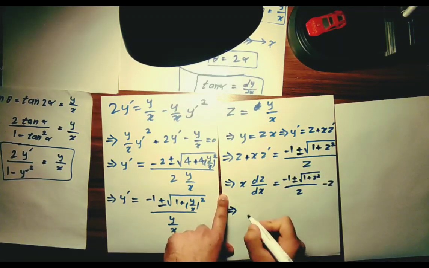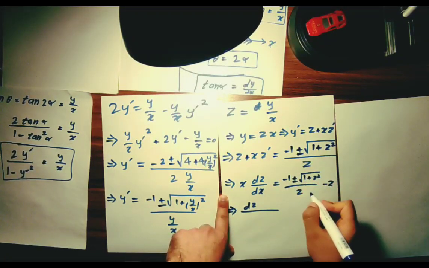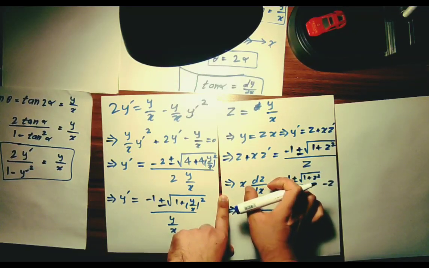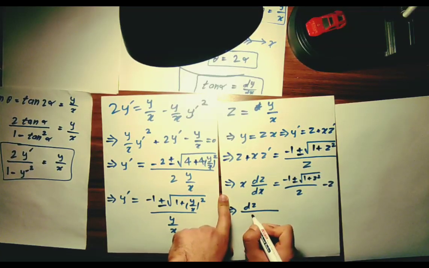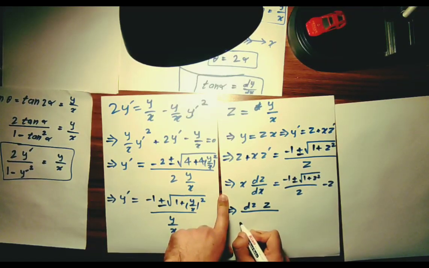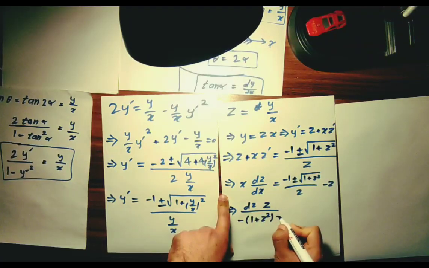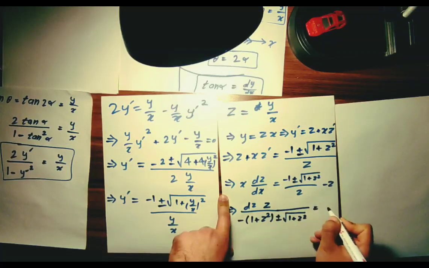So dz on this is just by z. Put this under dz, okay, and this will be 1 z here and minus 1 plus z squared plus minus radical 1 plus z squared is equal to dx on x.